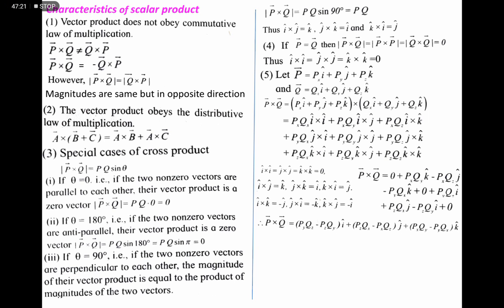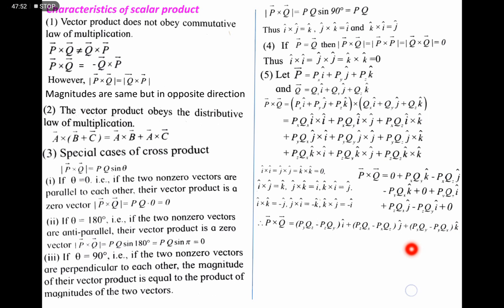And the third one is px qy k bar and py qx k bar, these terms together, so we'll write (px qy minus py qx), k bar is the common unit vector.